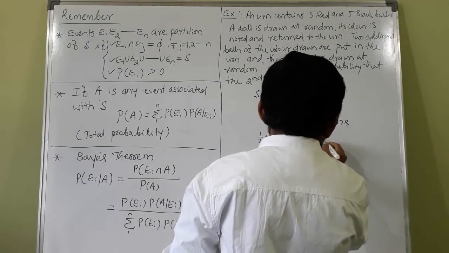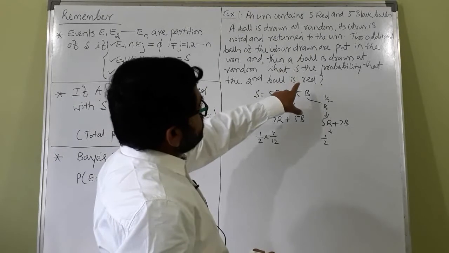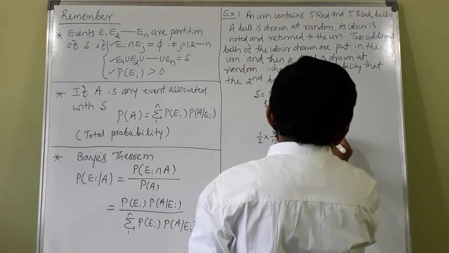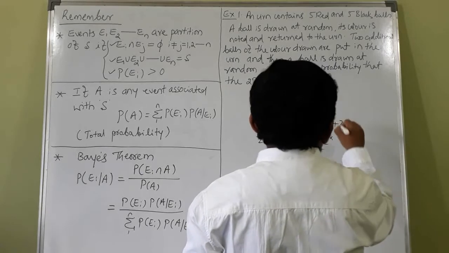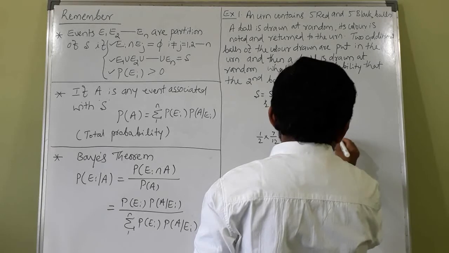So here, drawing the first black and then drawing the second red means 5 by 12.